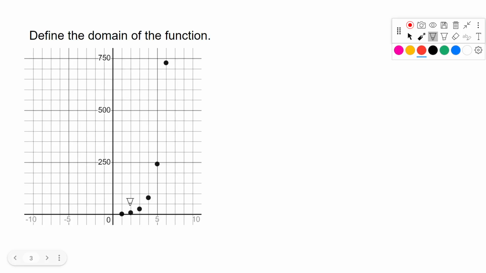This graph is another graph with points, so this is described as being discrete. We do not have any points on the y-axis or to the left of the y-axis, so in this case our domain is all of our counting numbers, 1, 2, 3, and so on.